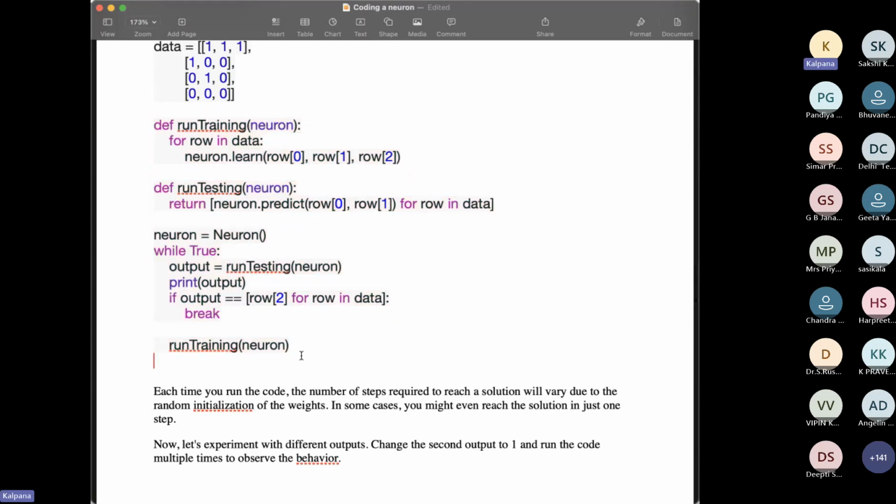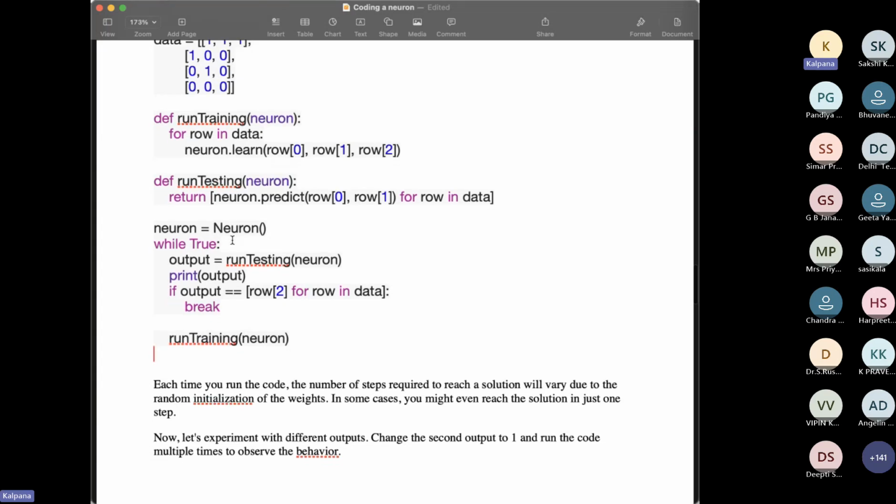Now, instead of picking some random value initially, if you have some intuitive feeling, some idea about the weight, you may initialize the weights with those values instead of randomly. This will help you reach the optimal weights quite fast.